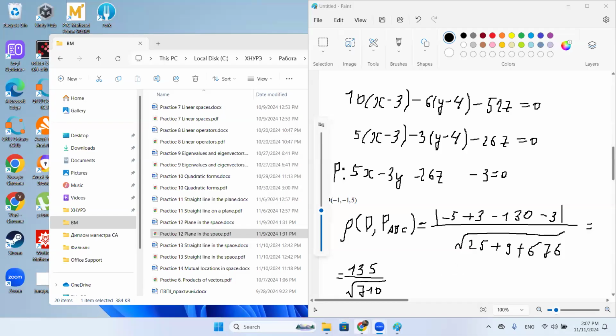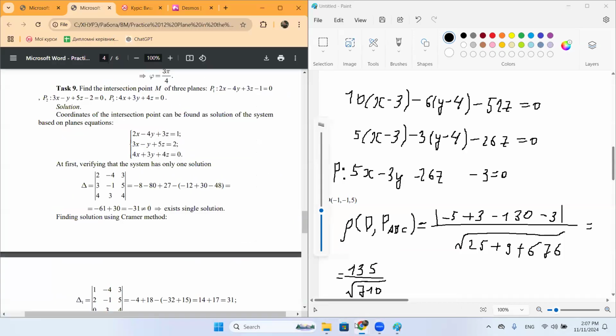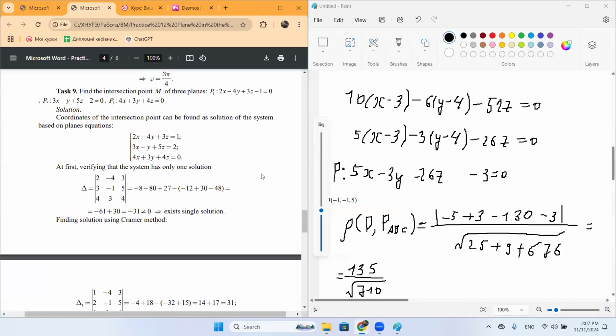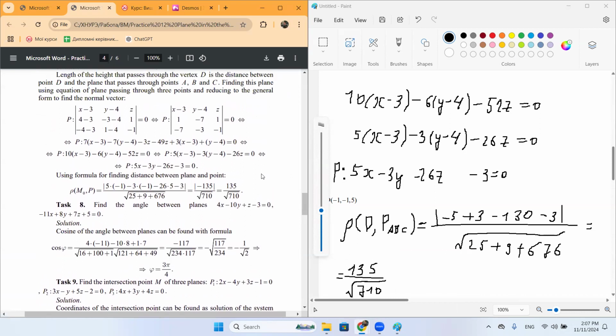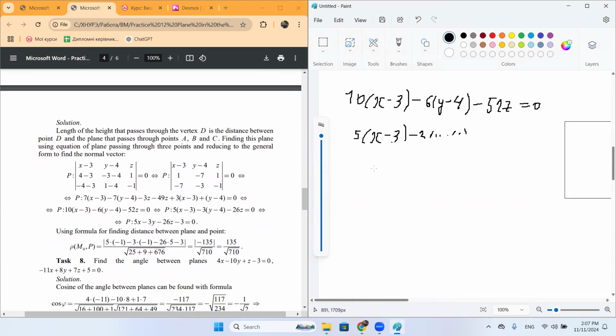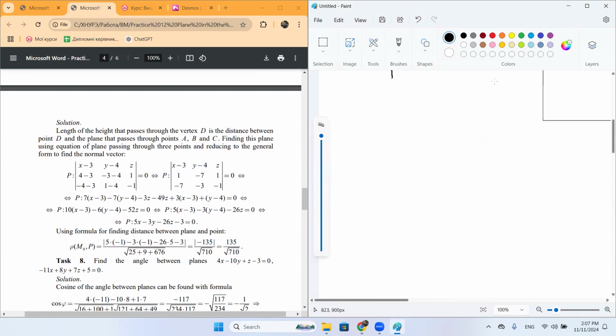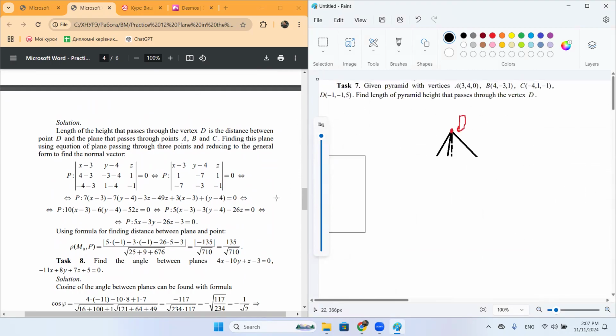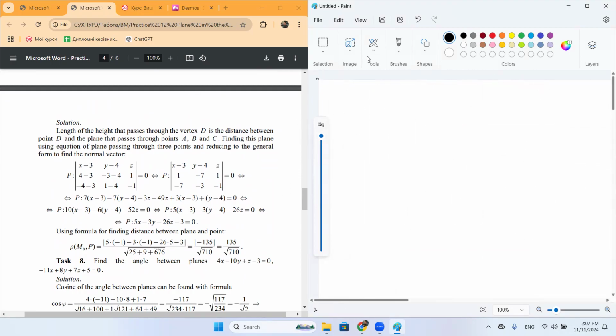Okay, let's continue. So the next task is to find the angle between planes. So it's quite quick. It's quite a quick task, so let's calculate.